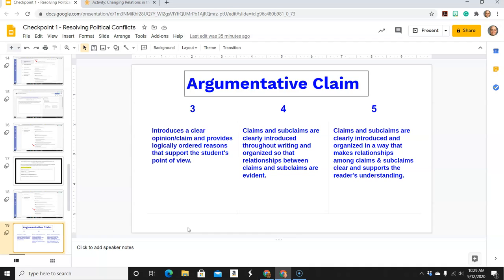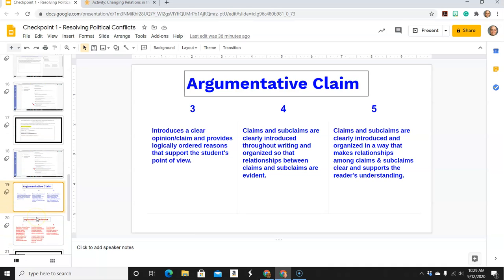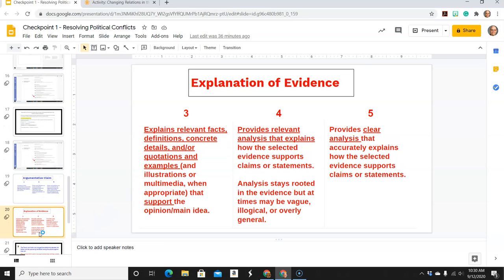For a 4, claims and subclaims are clearly introduced through writing and organized so that relationships between claims and subclaims are evident. To get a 5, what you need to do is expand on that and explain the relationship between the claims and subclaims. We're going to take a look at what claims and subclaims are right now so you don't get too confused. But let's take a look at 3.